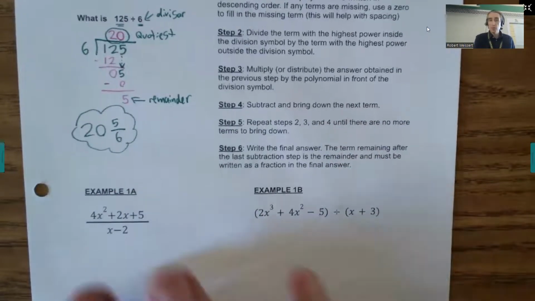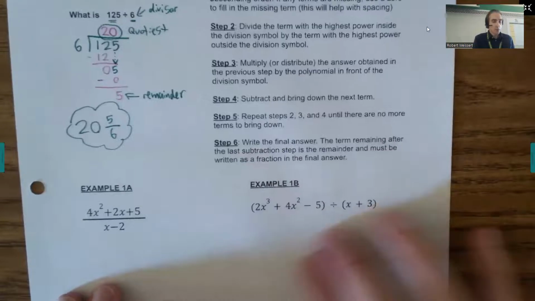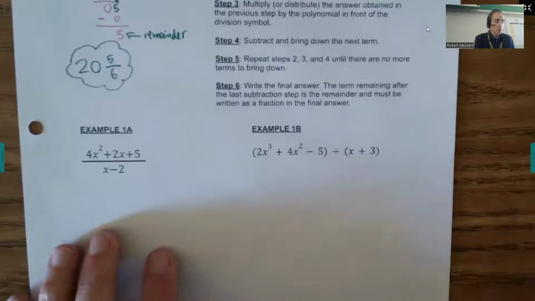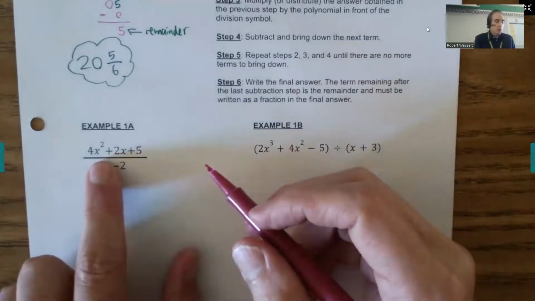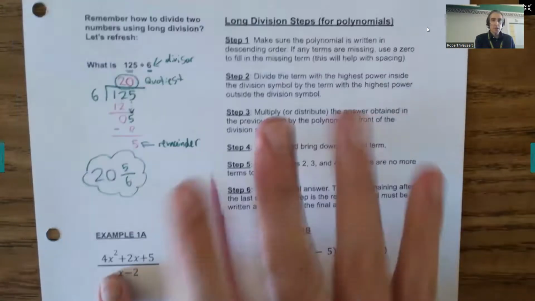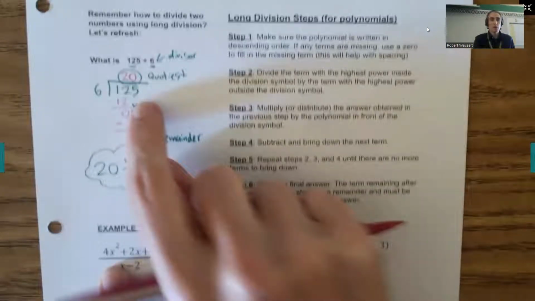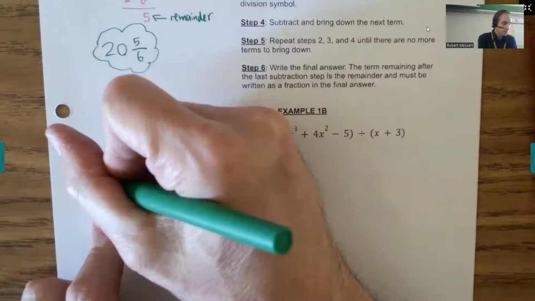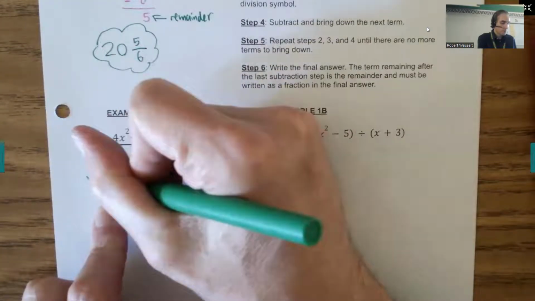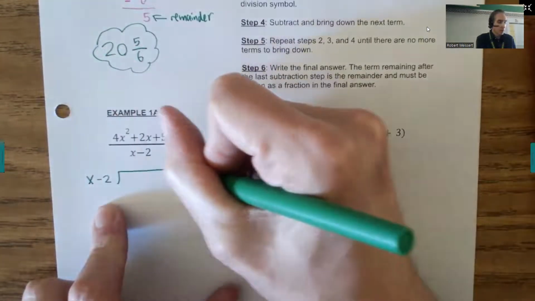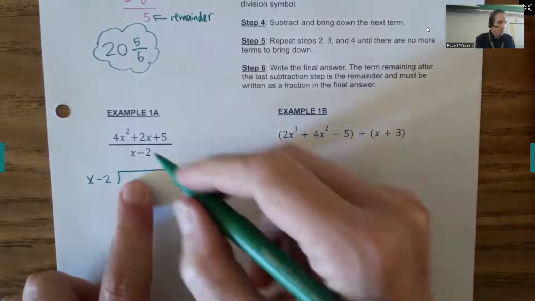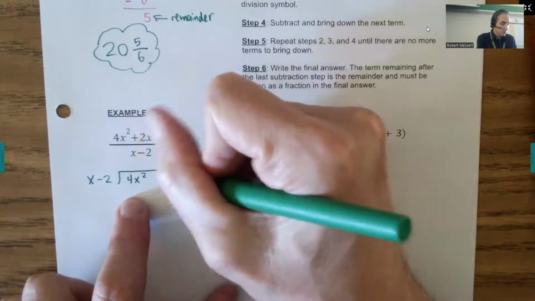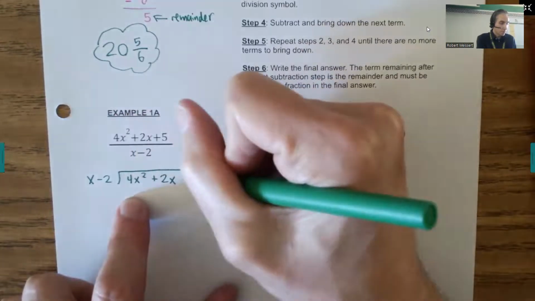So I'm going to go over examples 1A and 1B with you. To start polynomial division, we set it up in the house like we did for the other long division problem. So we're going to write x minus 2 on the outside. Inside of the house, we write the dividend: 4x squared plus 2x plus 5.